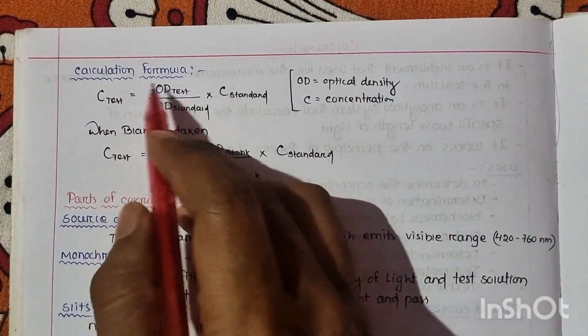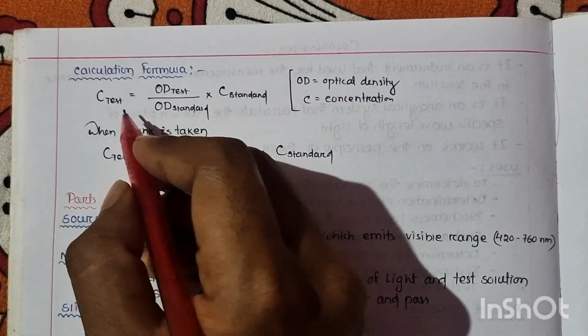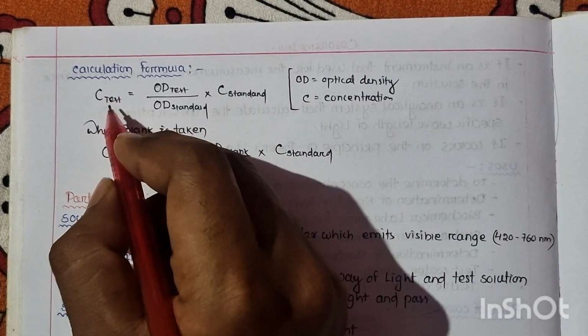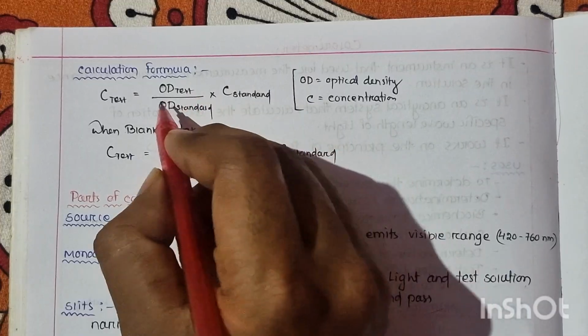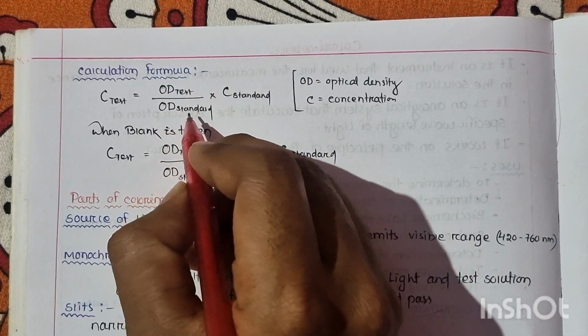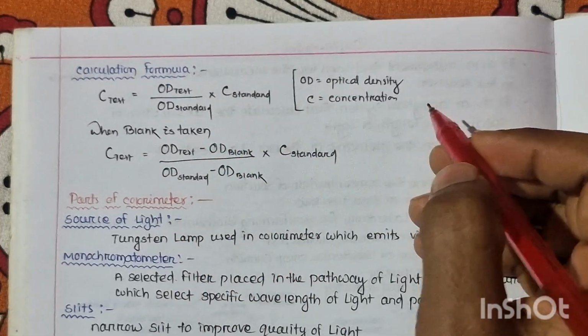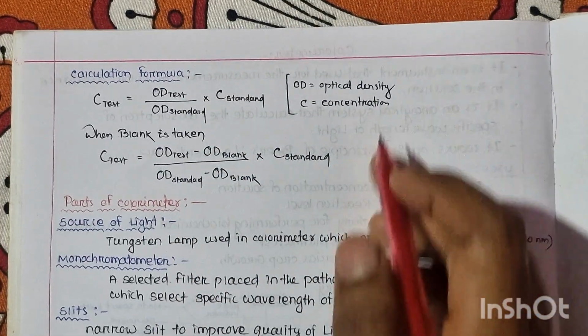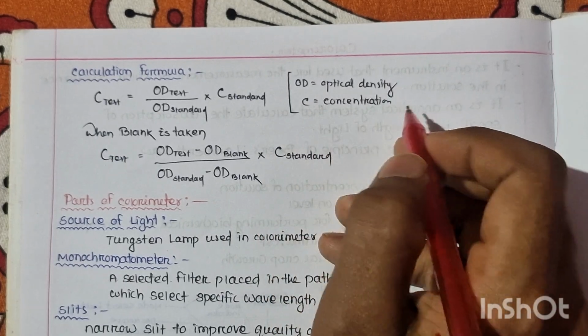That means A is directly proportional to C and directly proportional to L. From there we can get the calculation formula. That is, concentration of test is equal to optical density of test divided by optical density of standard, into concentration of standard. OD means optical density and C is concentration.